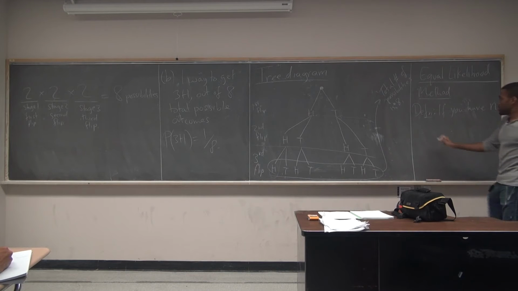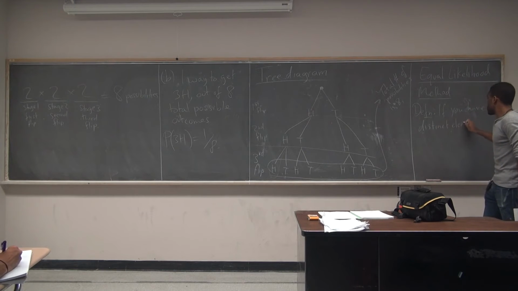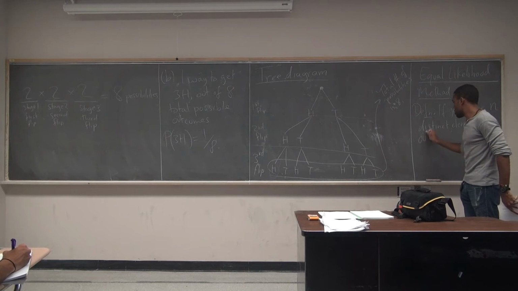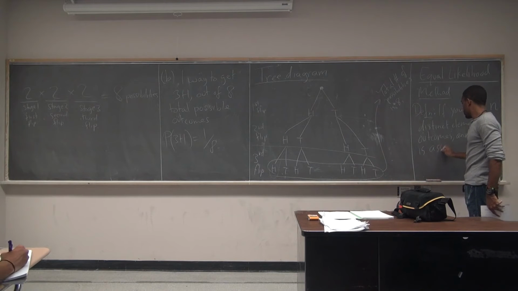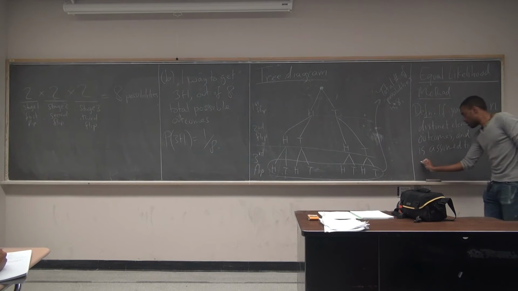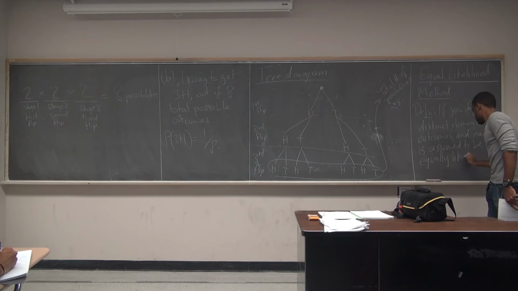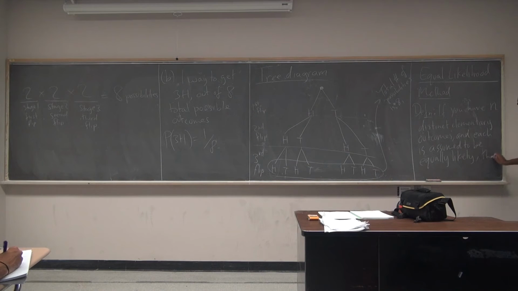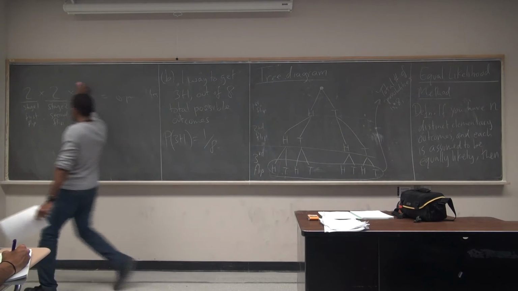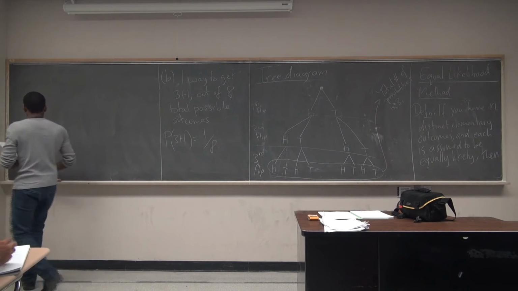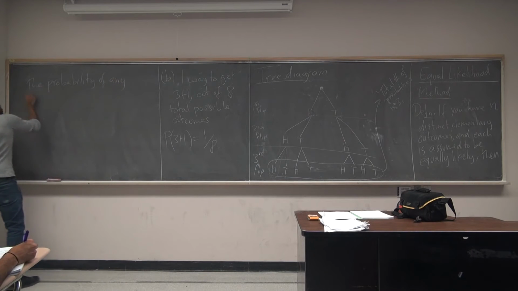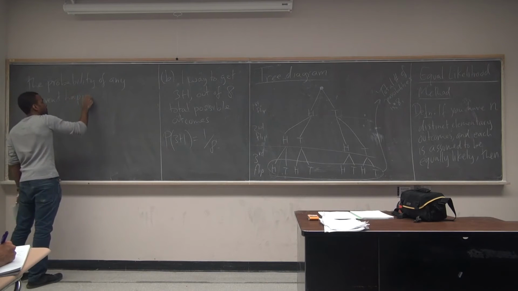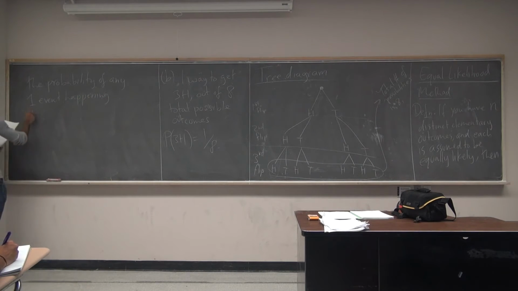If you have n distinct elementary outcomes, elementary just means basic, fundamental, single stage outcomes, and each is assumed to be equally likely, then the probability of any one event is 1 out of n.